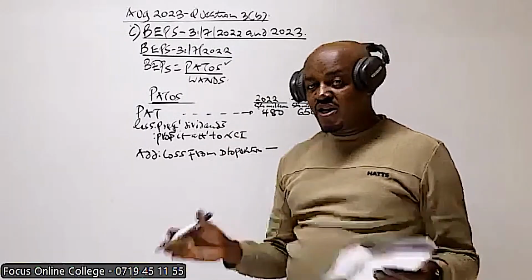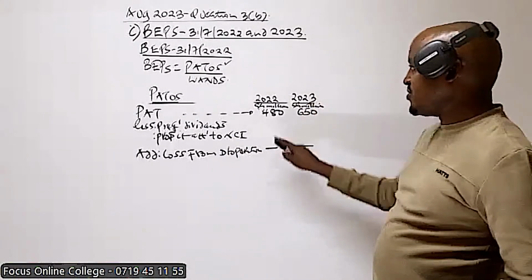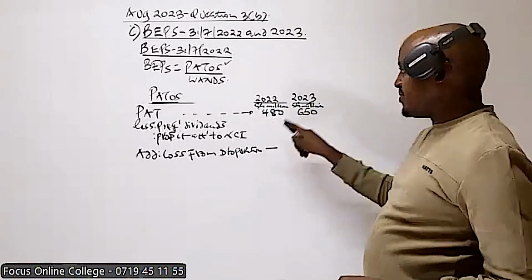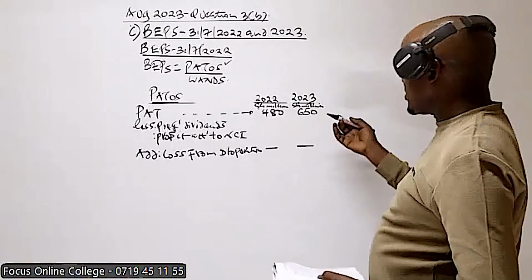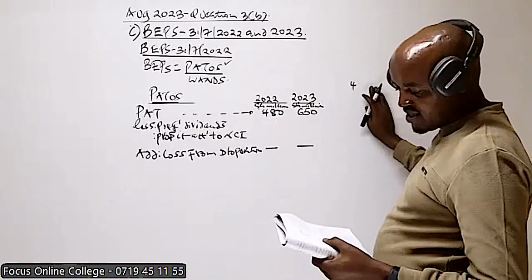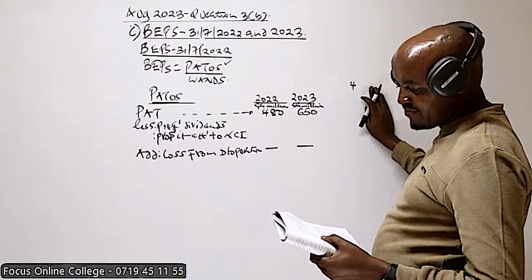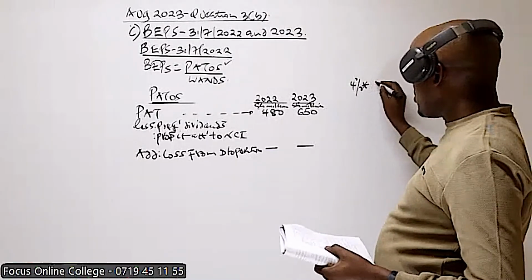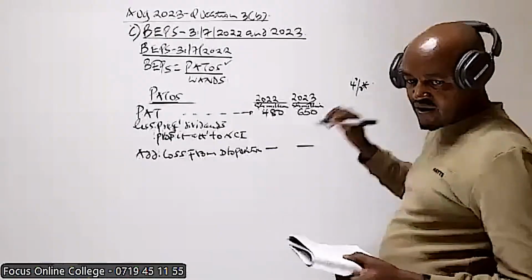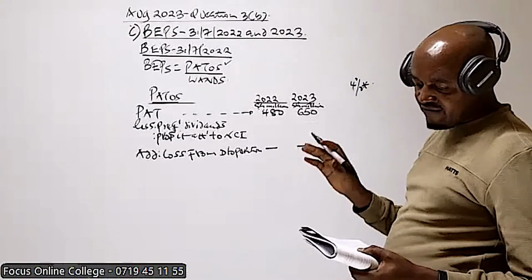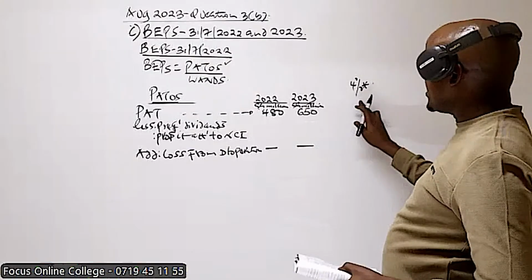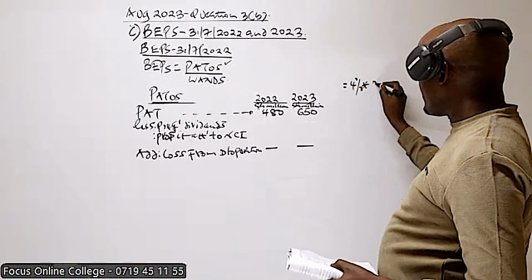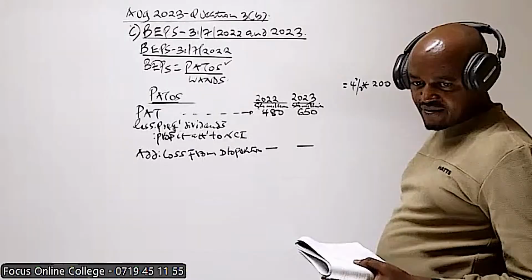If we were told they were redeemable, then you don't place their dividends here. The preference dividends for the 2 years will remain the same because there was no change in the preference share capital, and the preference dividend should be 4% of the preference share capital.